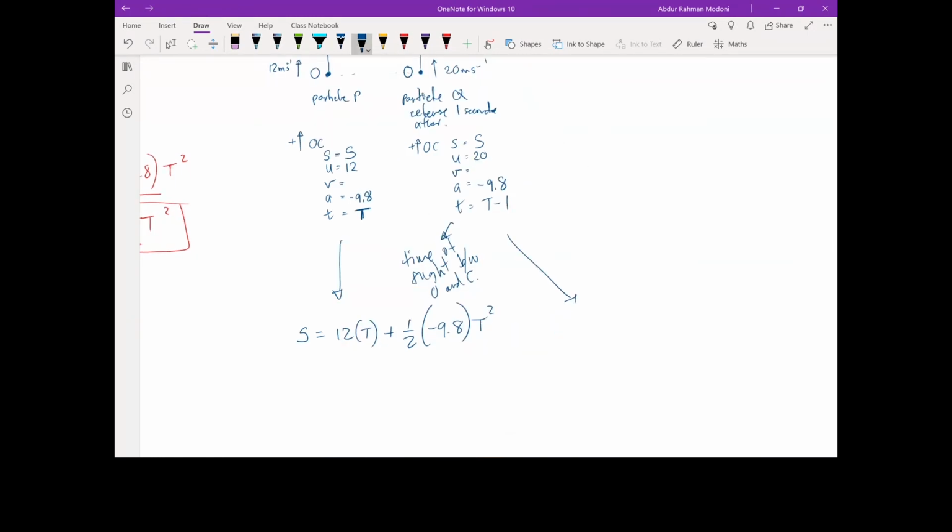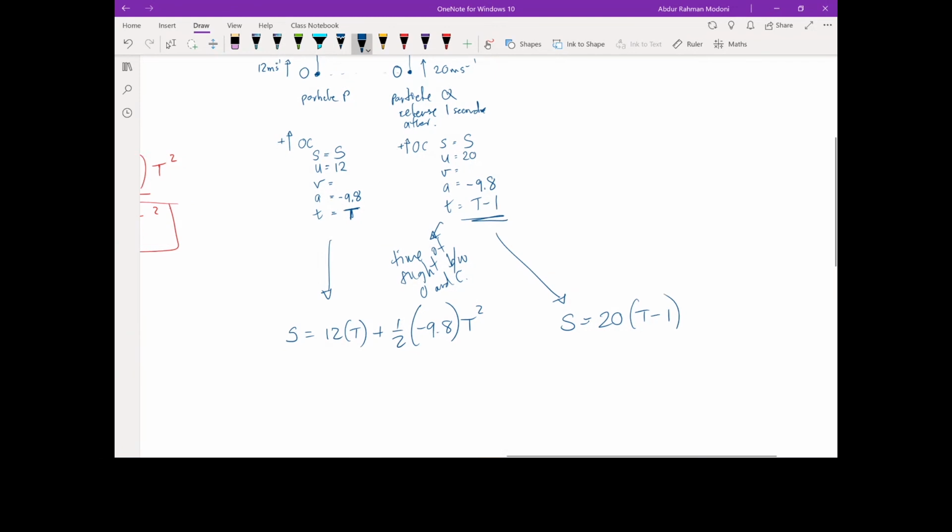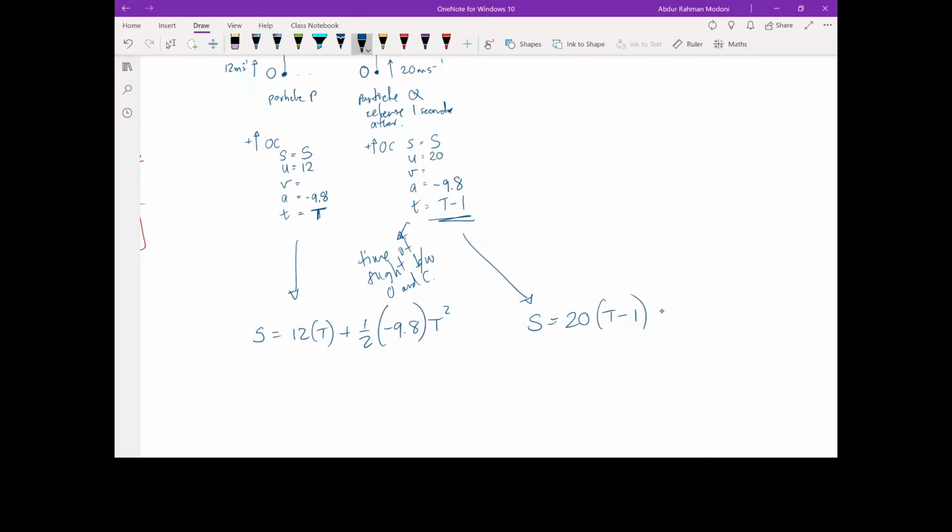SUVAT for the second one: S is equal to U, which is 20, times T. What is our T here? T minus 1. Be very careful. We're using T minus 1 here. UT plus half acceleration, minus 9.8, and bracket T minus 1 squared.